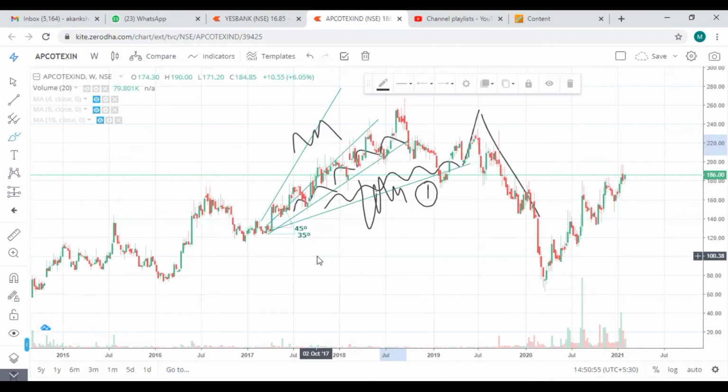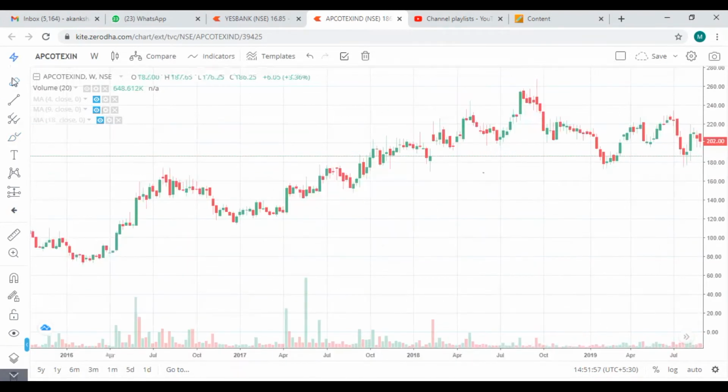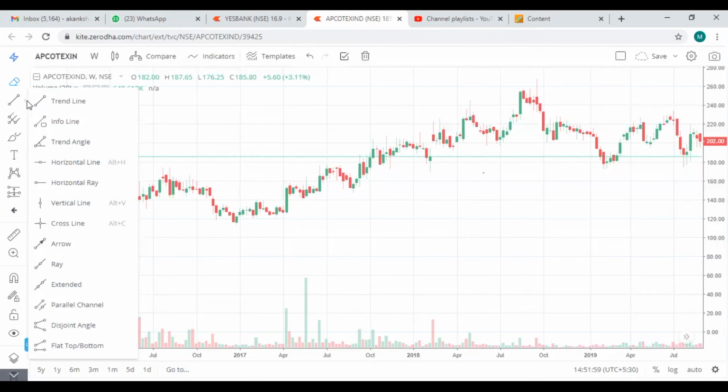So you can invest in those stocks whose trend line is between 45 degree to 35 degree. I'm again using a trend line. This is a trend line, information line, trend angle. All these three I have explained to you. I've explained that if your trend has an angle between 35 degree to 45 degree, this is the best angle to invest.